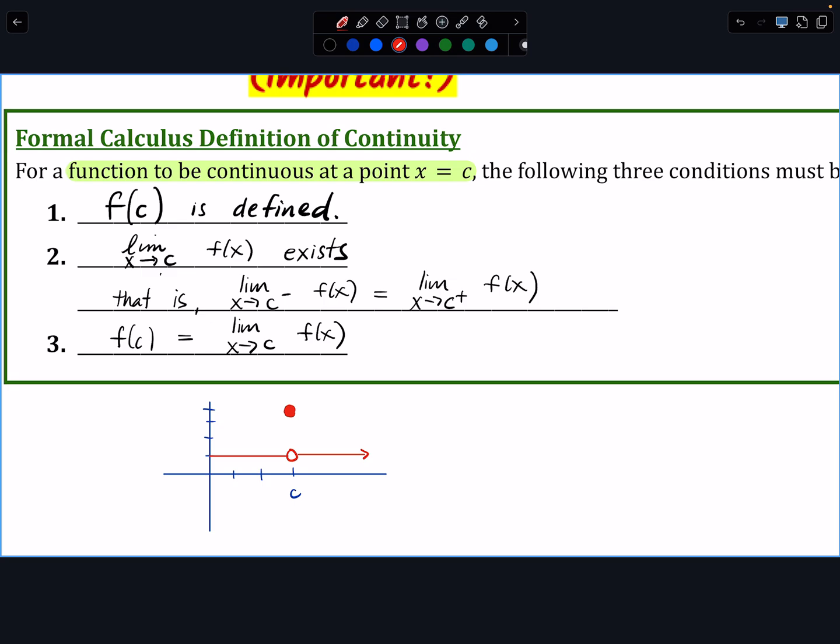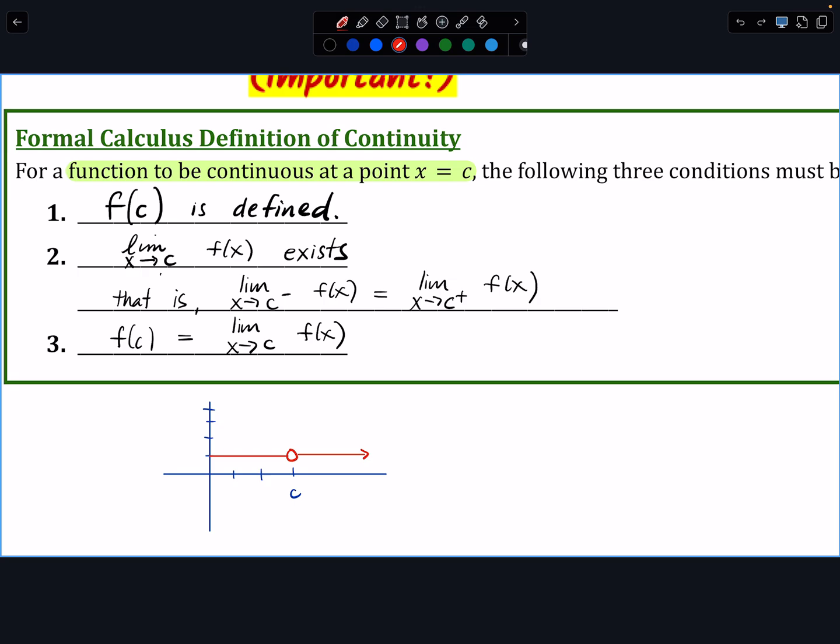Is there a point at x equals c? Yes. Does the limit exist? Is the limit from the left the same as the limit from the right? Yes, but are the hole and the point the same? No, so this would be discontinuous. Okay, does that make sense? This is why this point should not be there if it's continuous. It should be like that. Okay?